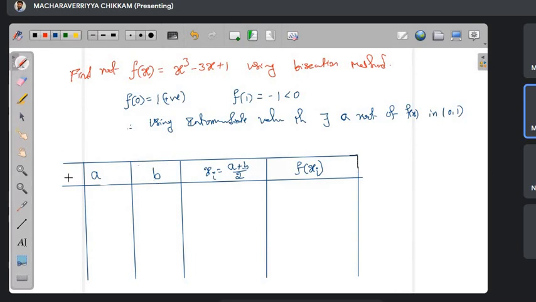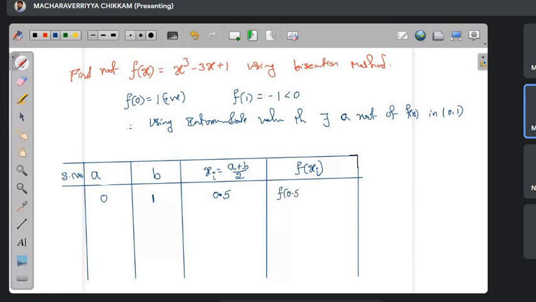Let me include the serial number also. The initial interval has a as 0, b as 1, and the midpoint is 0.5. There is no need to write the value of the function; you can write whether it is positive or negative.